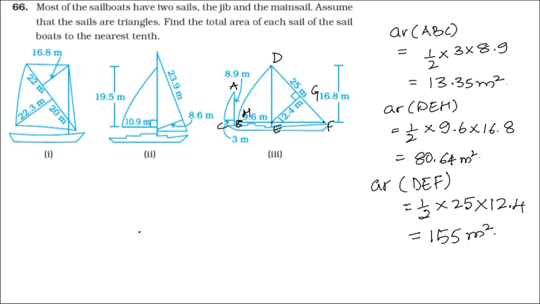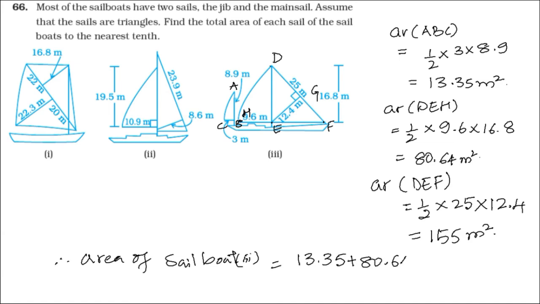Therefore, area of sailboat 3 will be equal to the sum 13.35 to be added to 80.64, that is to be added to 155 square meter.